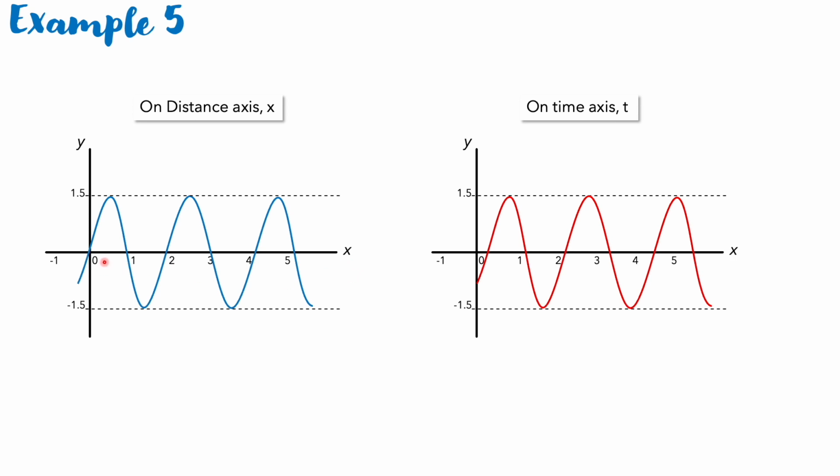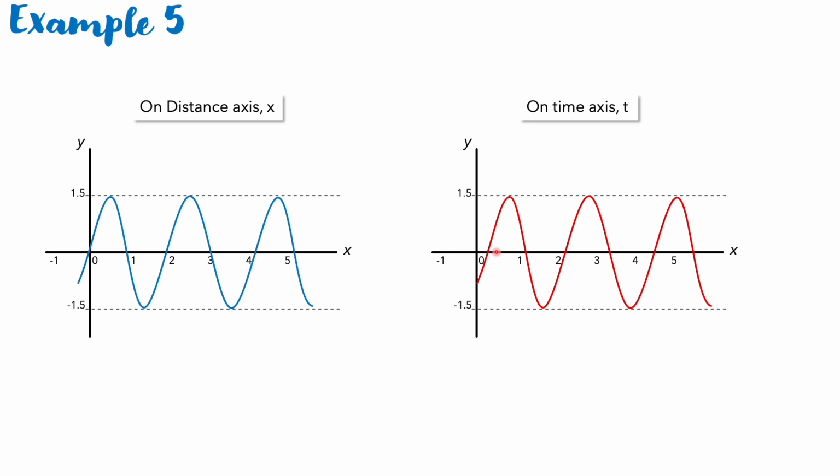So wavelength is the distance between two consecutive crests or two consecutive troughs, or we can also measure from here until here. This one represents the length of the wave, because one wave consists of one crest and one trough. So by definition the wavelength is the distance between two consecutive crests or two consecutive troughs.